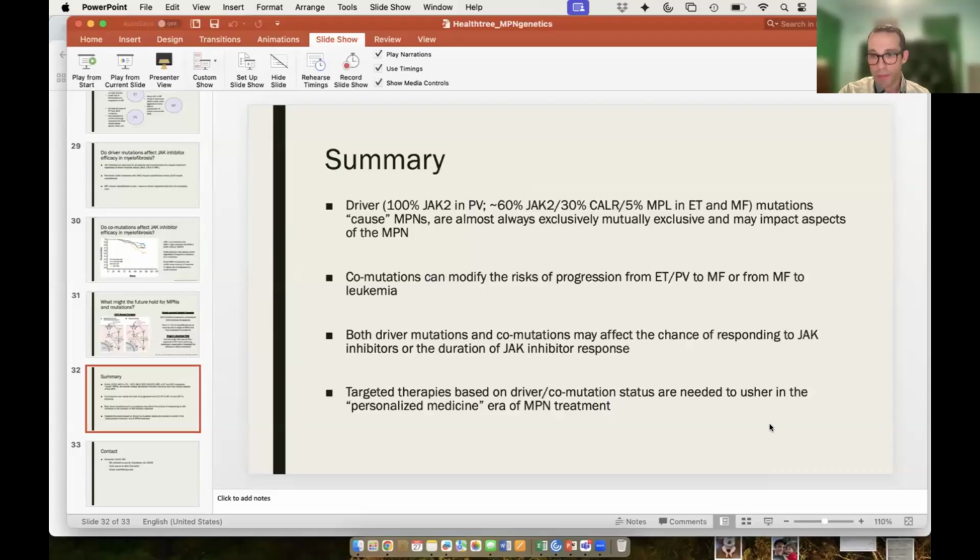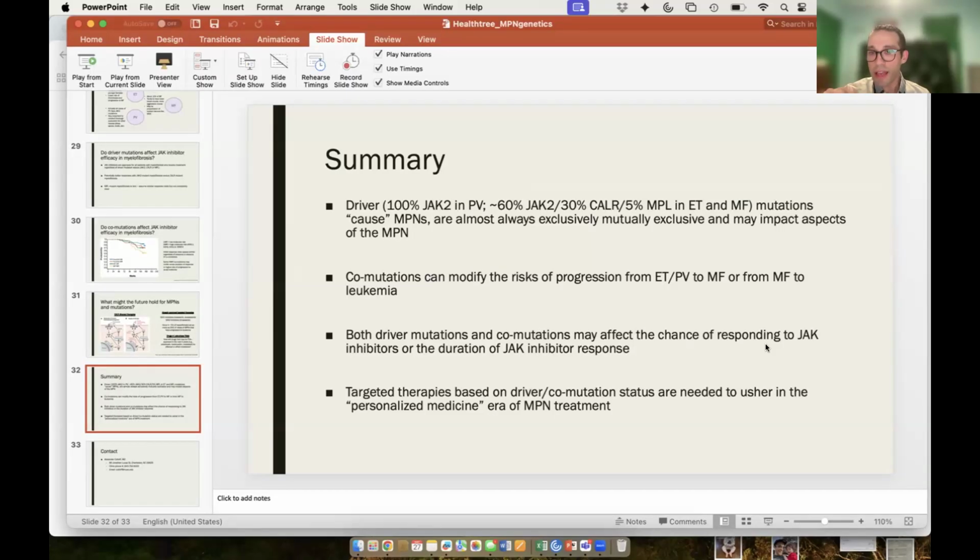And then just to wrap up, if you guys want some take home messages, it's that driver mutations cause MPNs, and they're almost always mutually exclusive. So if you have one of these, you probably don't have another. It's not always the case, but it's usually true. And then co-mutations can modify the risks of the disease, but in general don't cause the disease by itself.